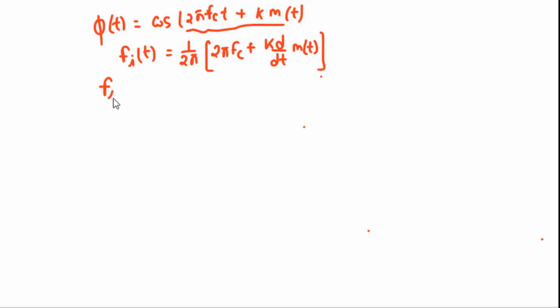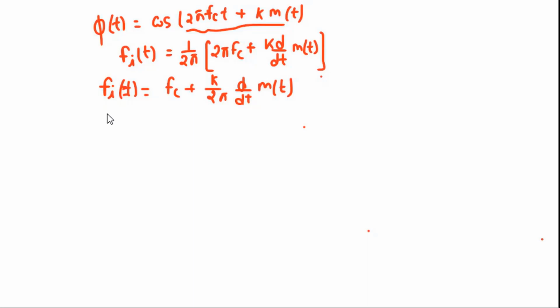So you can write f i of t equal to fc plus k by 2 pi d by dt of m of t. This is your instantaneous frequency.